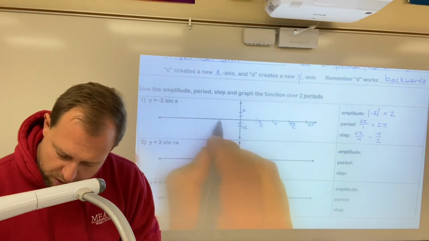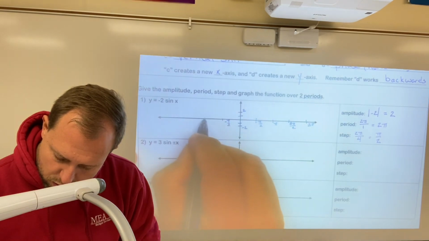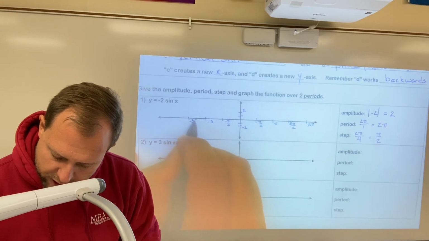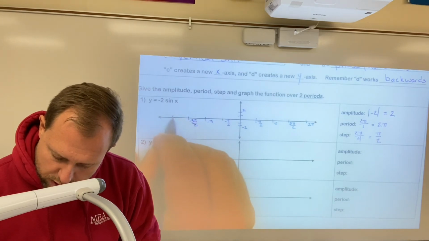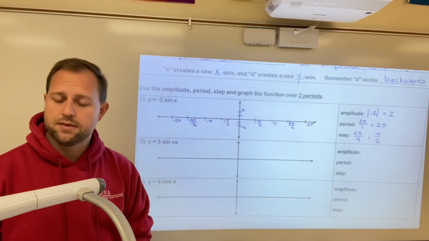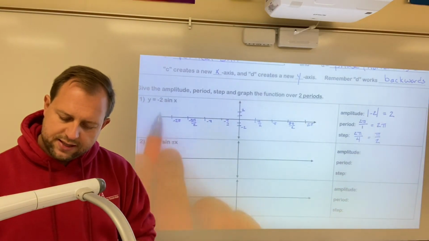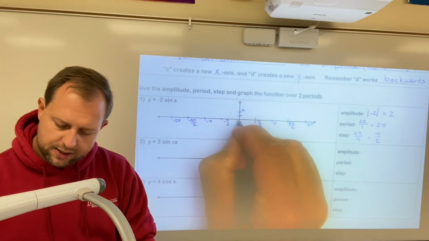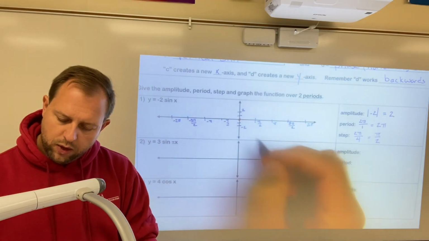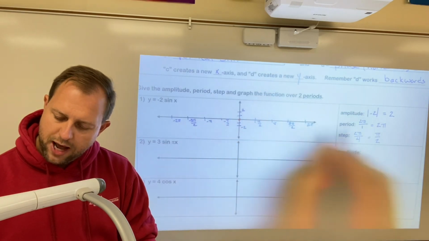And we do the same in reverse: -pi over 2, -pi, -3 pi over 2, and -2 pi. Try to keep these spacings as equal as possible. Now to draw the graph, sine always starts at the origin, and in our first step we either go up to the top or down to the bottom.